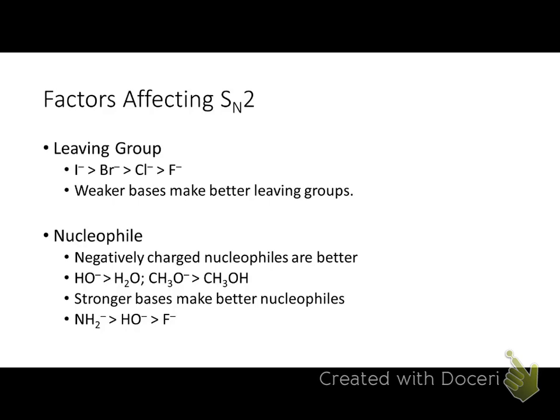Now, do you remember why HI is a stronger acid than HF? Guys, remember why HI is better than HF? It's a stronger acid. All right, so if I asked you the question, just generally speaking, why is HI stronger than HF?